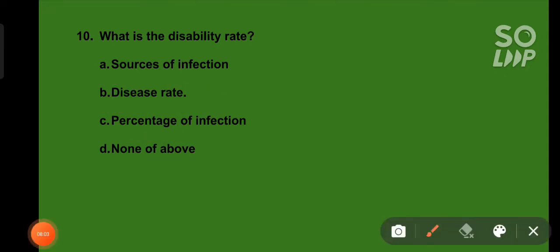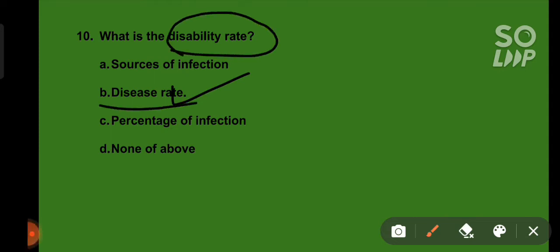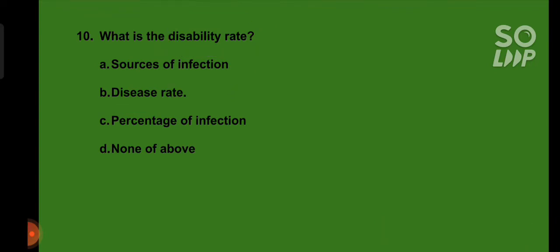The right option is disease rate. So disability rate is nothing but disease rate. In a particular population, how many people are diseased with a particular type of infection, that is called disability rate.